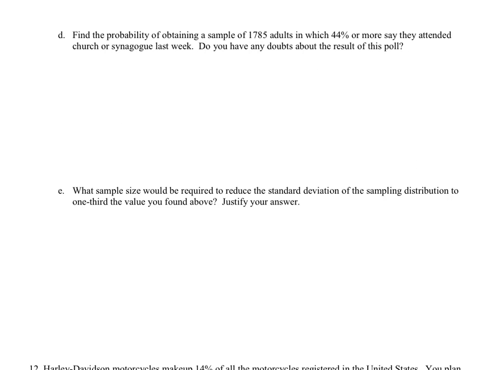So now we want to find the probability of obtaining a sample of 1,785 adults. So as soon as you see this, we have to start thinking z-scores, right? So as soon as we see find the probability, we're going to find the z-score. So now this is p hat.